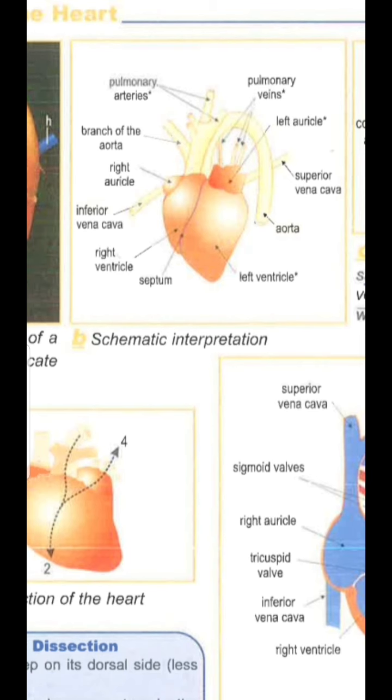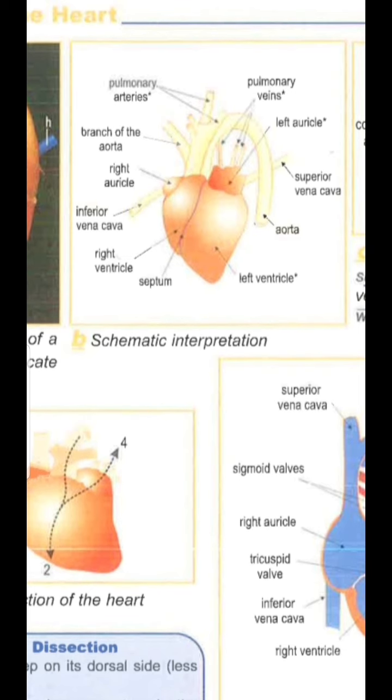Arteries carry the blood from the heart to the organs, whereas the veins carry the blood from the organs back to the heart. I have the pulmonary veins located upward from the left auricle, and the pulmonary arteries located upward from the right ventricle.